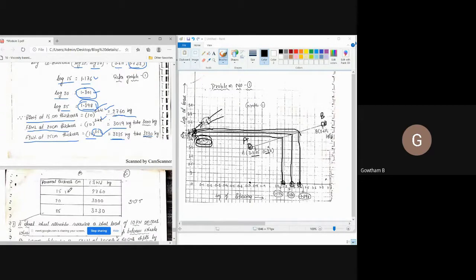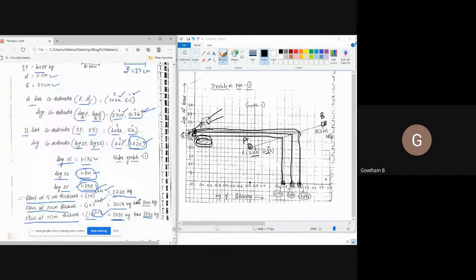At 15 centimeter thickness, ESWL load is 2760 kg, at 20 centimeter thickness it is 3000 kg, and at 25 centimeter thickness the load acting is 3230 kg. This is how you calculate ESWL at the required depths.